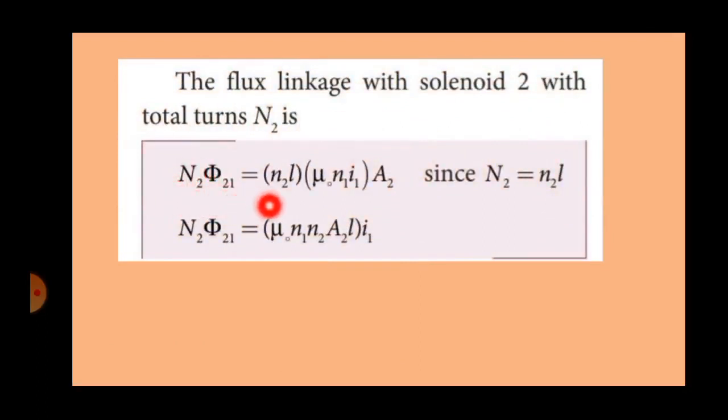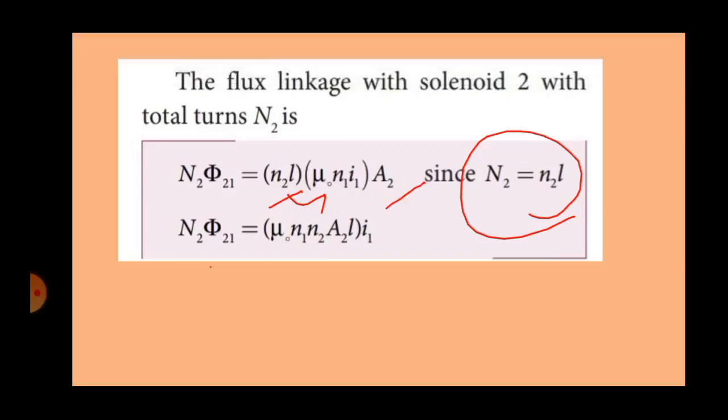This is nothing but N2, which is equal to small n2 into L. Now substitute here mu naught N1 I1 into A2. So N2 phi21 is equal to mu naught N1 N2 A2 L into I1.